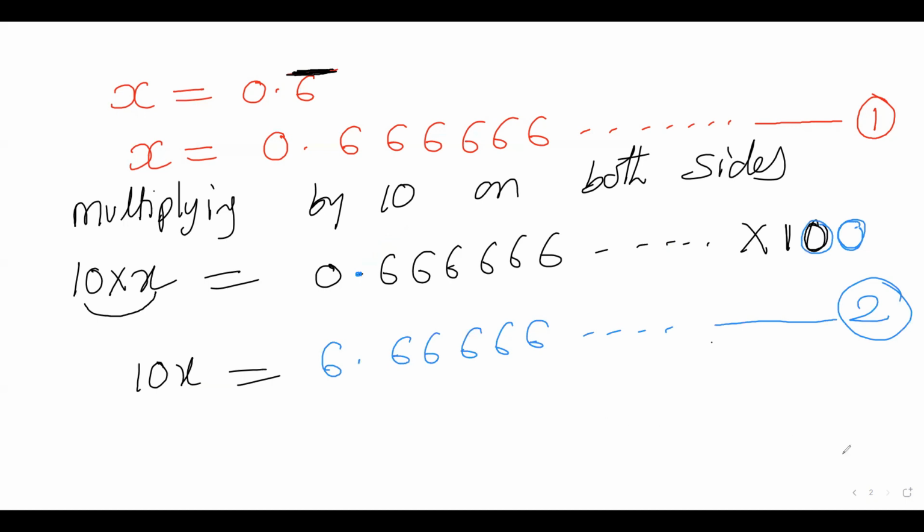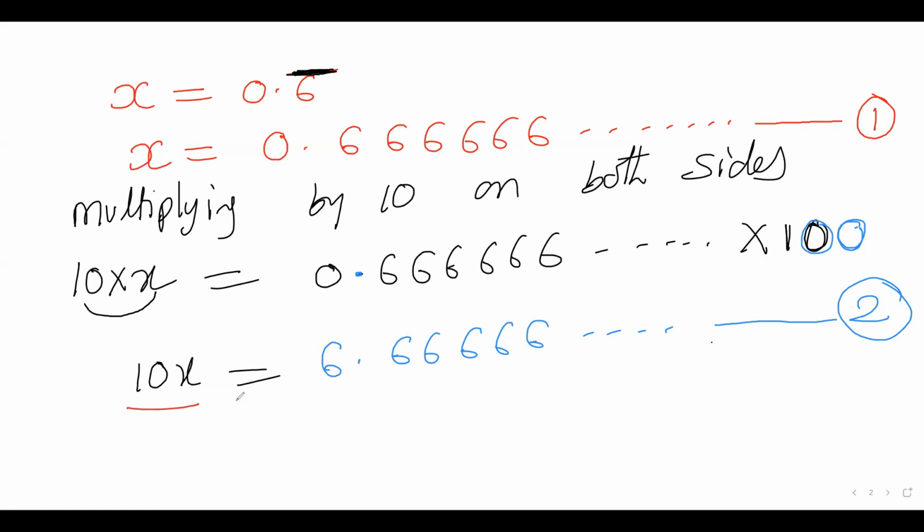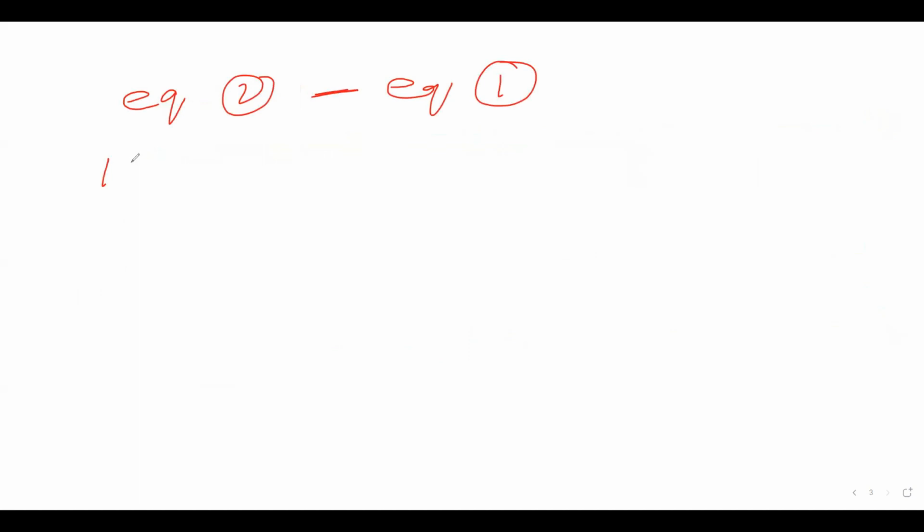Now I will subtract both the equations. Equation 2 minus equation 1. First of all, write down equation 2. What is equation 2? 10x is equal to 6.666, and so on.